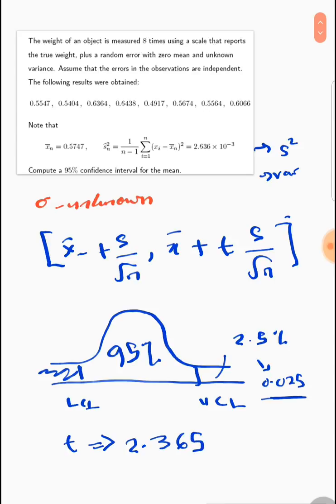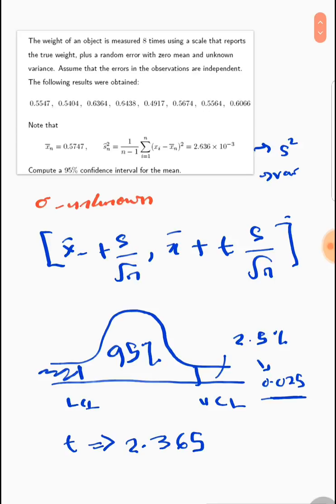The way to find t is exactly the same as how you find the z value, only there is a different table. Now this is unknown standard deviation, and we have just 8 samples here.